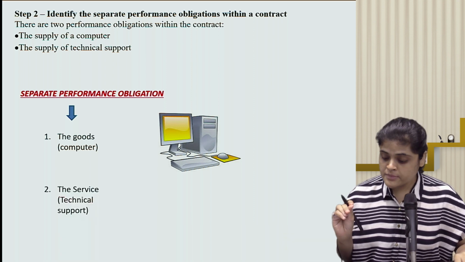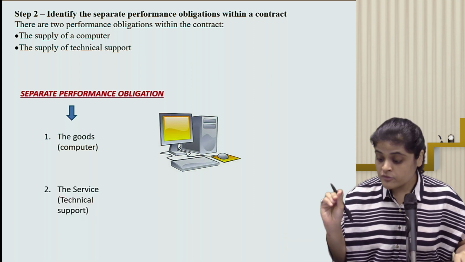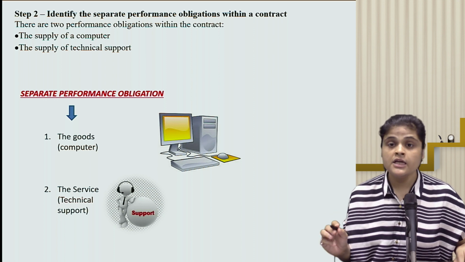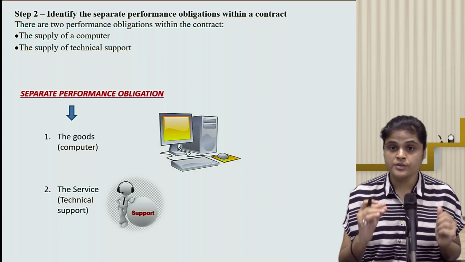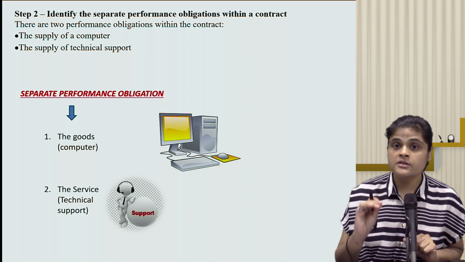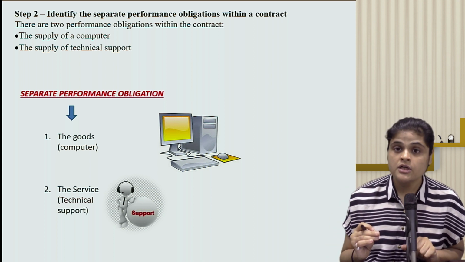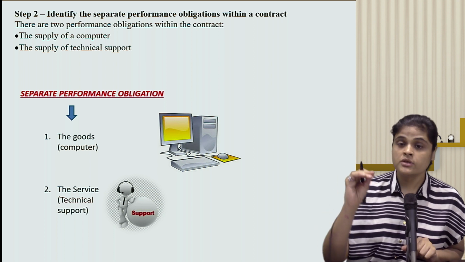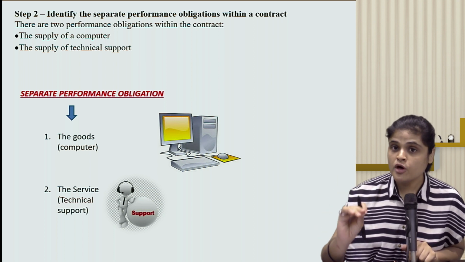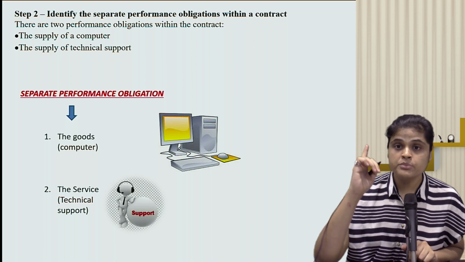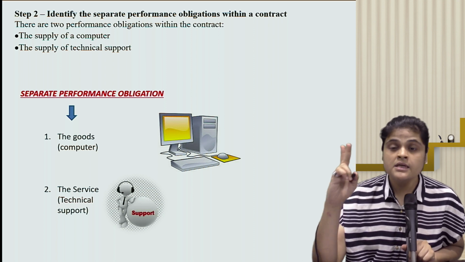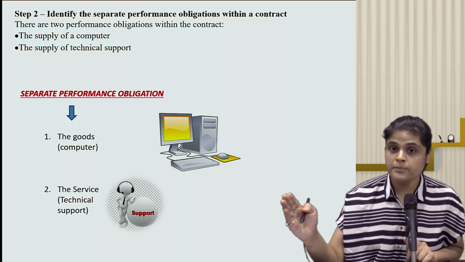Wade has also promised to provide technical support for 12 months. Right? So here there is a combination. The seller is going to provide the goods as well as the technical support to the buyer. So here seller's performance obligation is computer and technical support for 12 months.